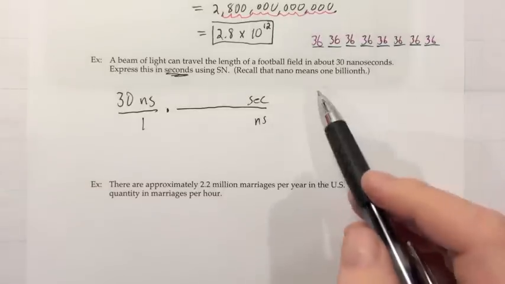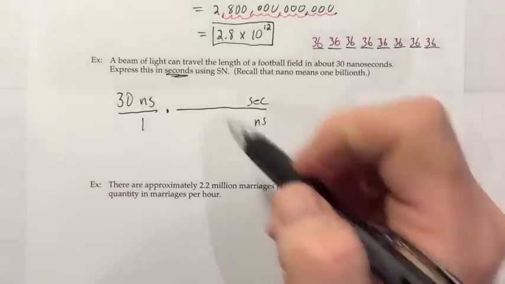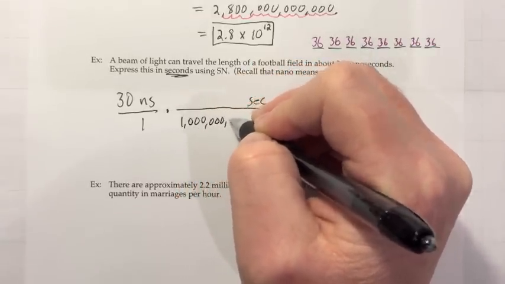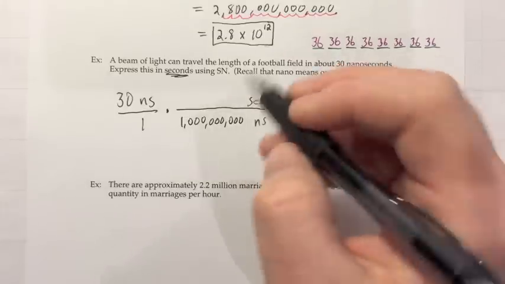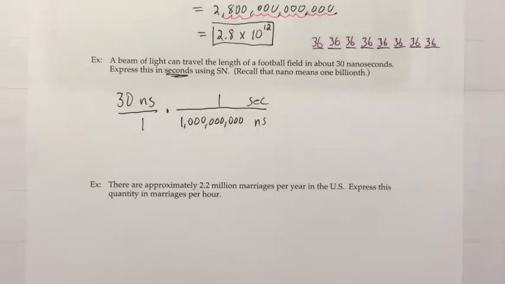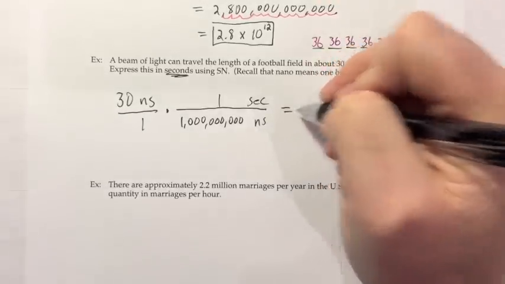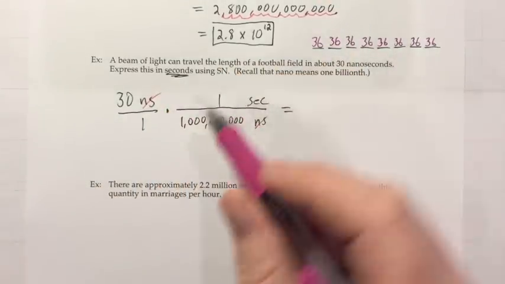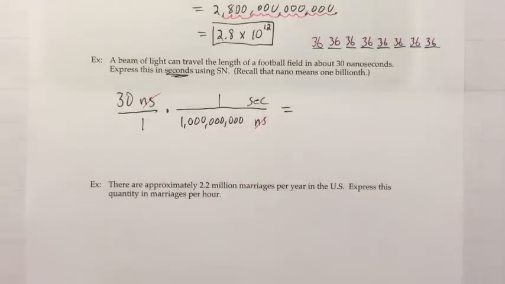If nano means a billionth, then it takes 1 billion of these nanoseconds to make a single second. And so if we do that, we're converting, the nanoseconds cancel out, and then it would be a division, it looks like. I could do this on the calculator and it would put it into scientific notation for me, but let me show you the work by hand.